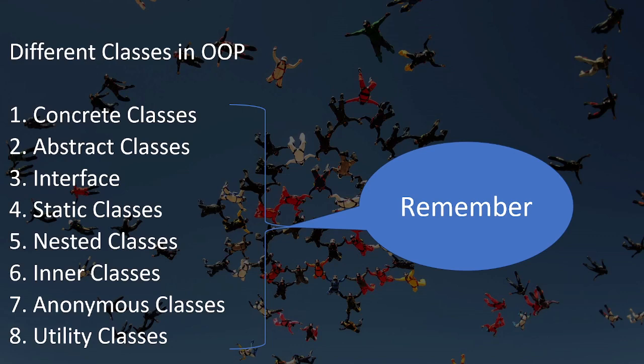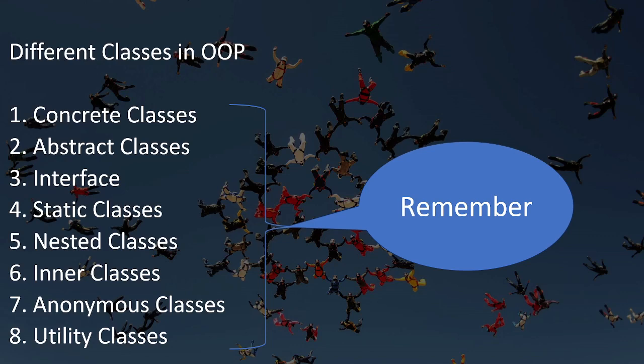They cannot be instantiated, and their methods and fields can be accessed using the class name directly. So you just have to use the class name, like we have seen in the previous lectures. You don't need to create an object, you can directly call them. That means instantiation is not required.